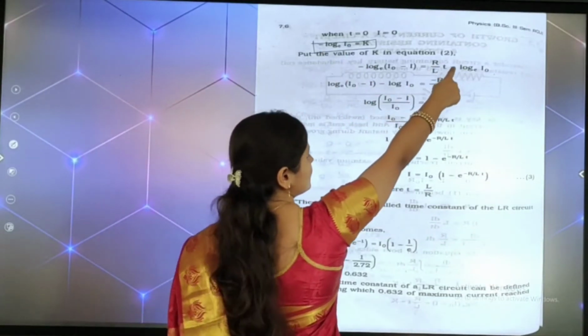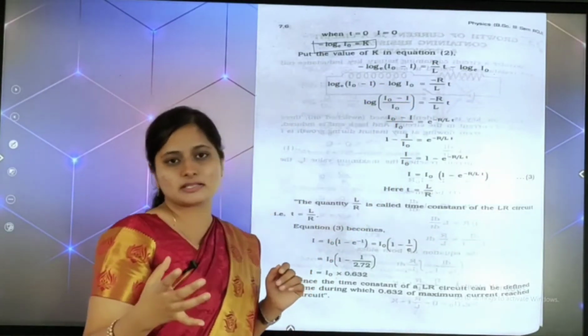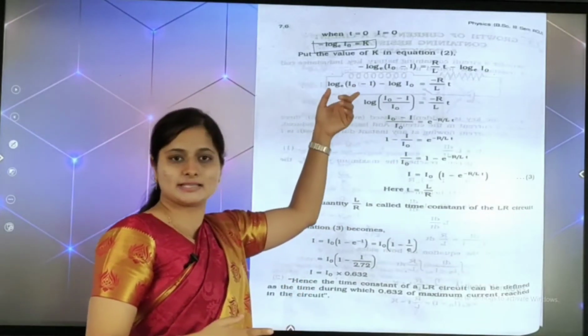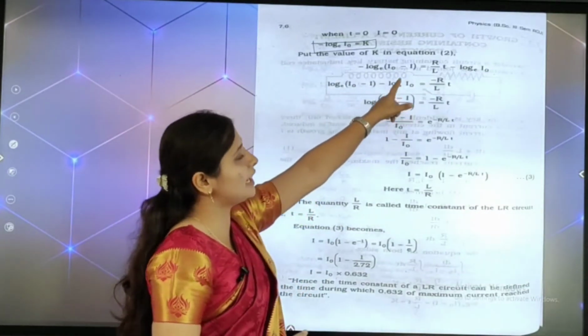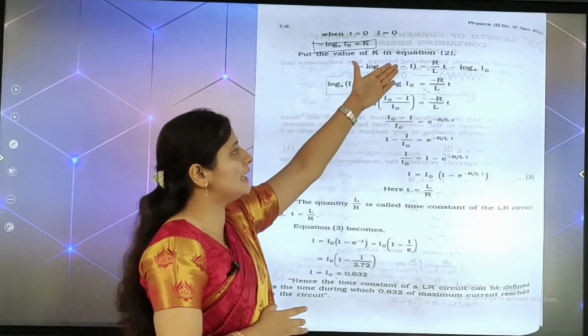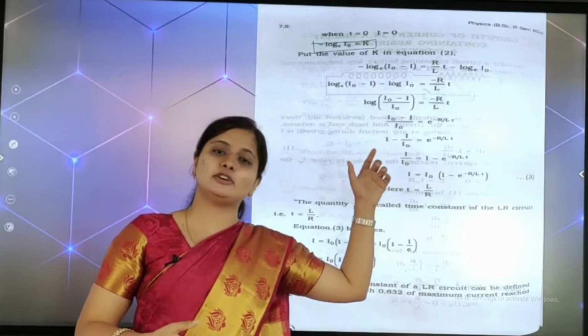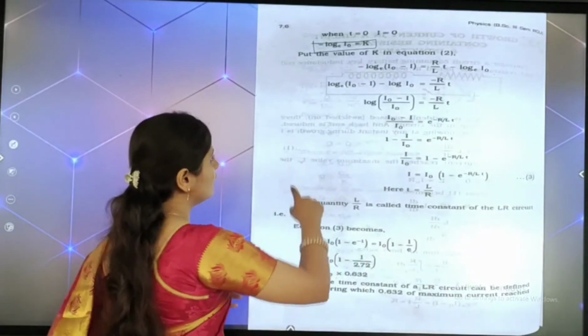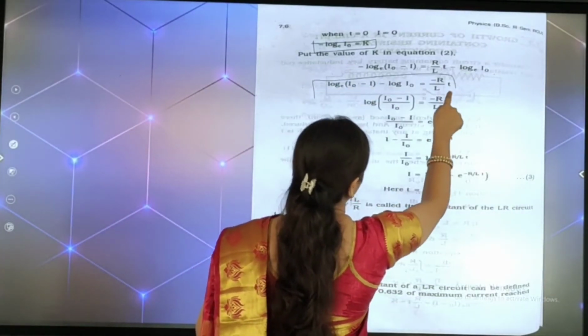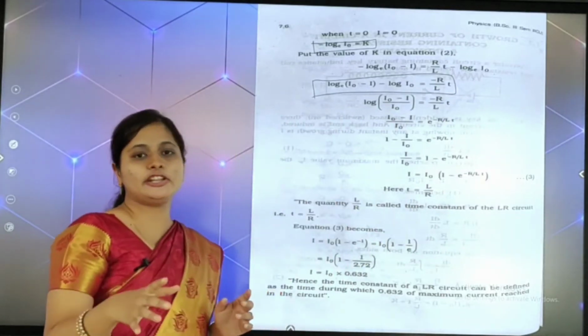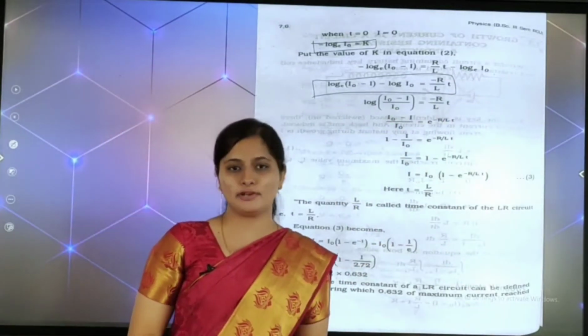Next, the minus here will become a plus by changing the sign, so minus log I naught is equal to R by L into t, changing the sign in terms of a negative. We get this equation by substituting the value of k and by simplification.